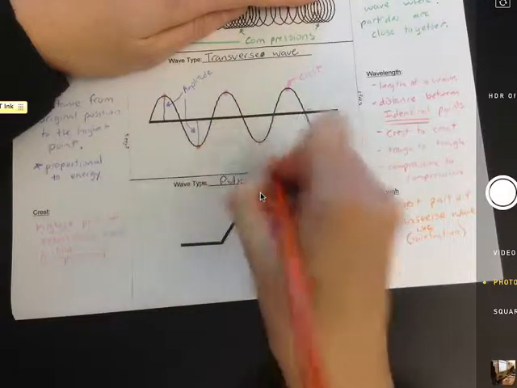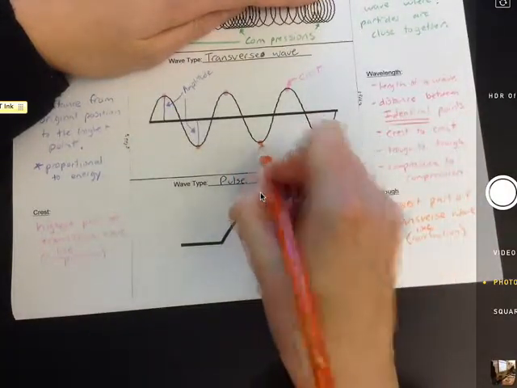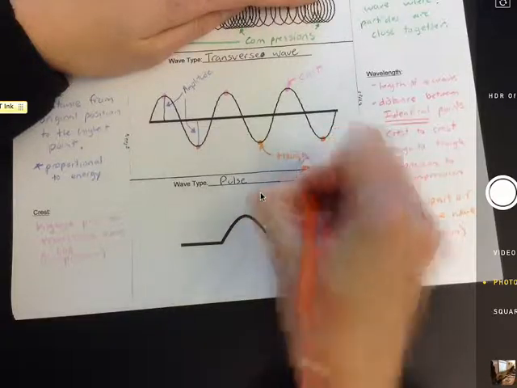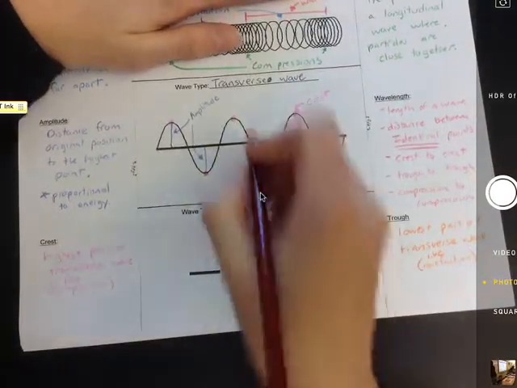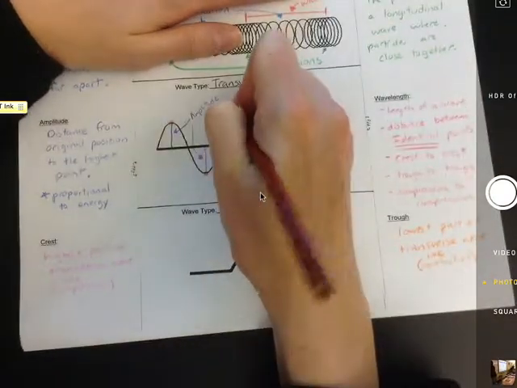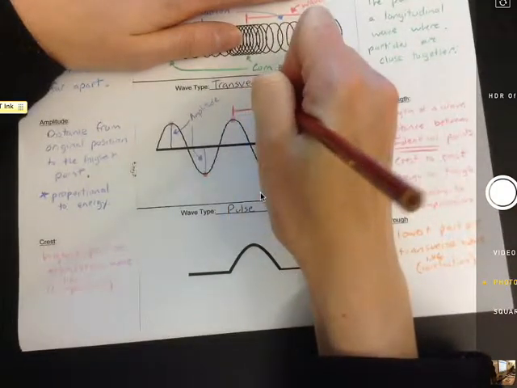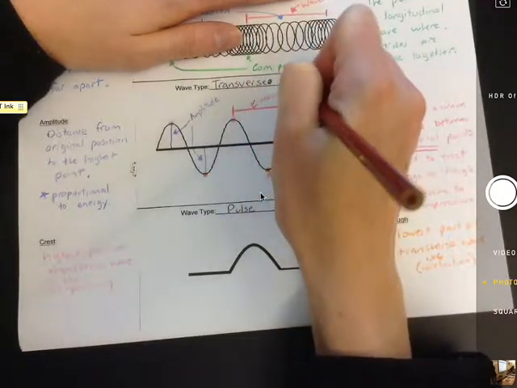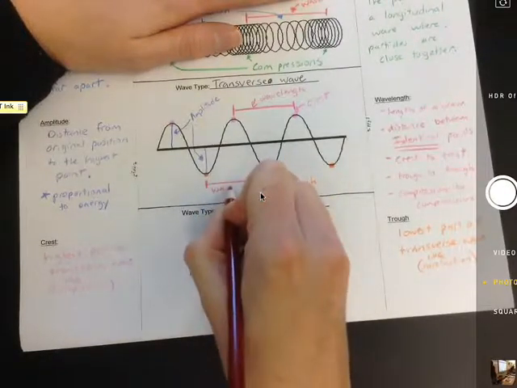So this point right here, and this point right here, and this point right here, these are all troughs. Now I forgot to label a wavelength on my transverse wave, but I could go from crest to crest. That would be a wavelength. Or I could go from trough to trough. That would be a wavelength.